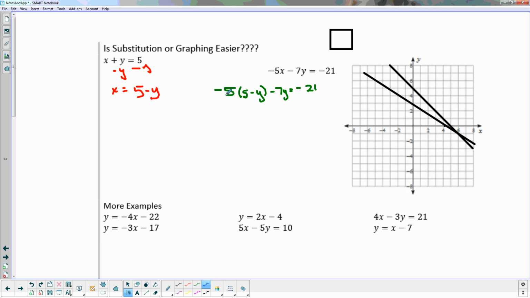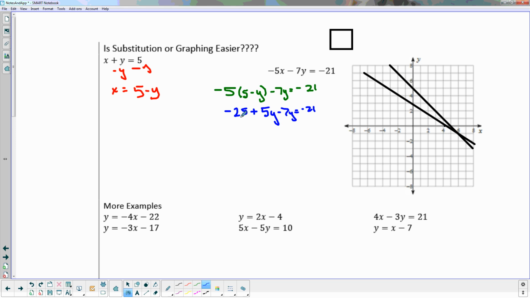And this one's a little bit tricky, but I do want to start off by distributing my negative 5. So I get negative 25, and then that'll turn out to be plus 5y minus 7y equals negative 21. A lot of copying down the leftover parts of the equation.